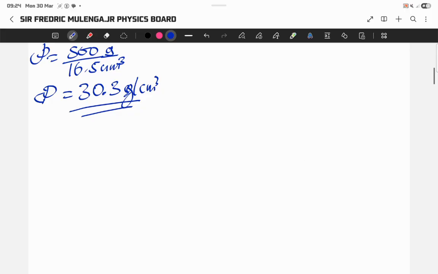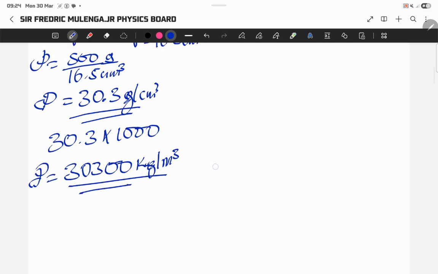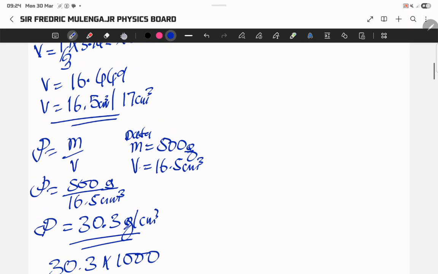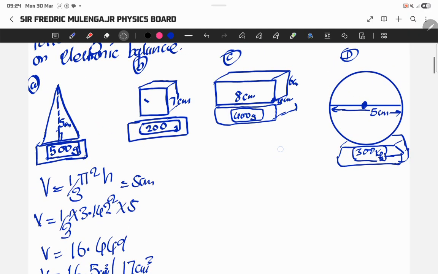So if we were asked to change this into kilogram per meter cubed, it will just be 30.3 multiplied by 1000, which is 30300 kilogram per meter cubed. Then this is the density in kilogram per meter cubed.